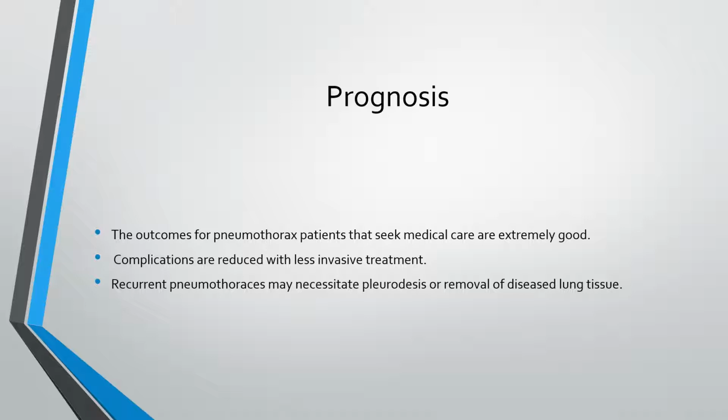Along with complications, the recurrence rate with a year of follow-up in some series showed a rate of 17% recurrence with invasive treatment and only a 5% recurrence with conservative treatment.